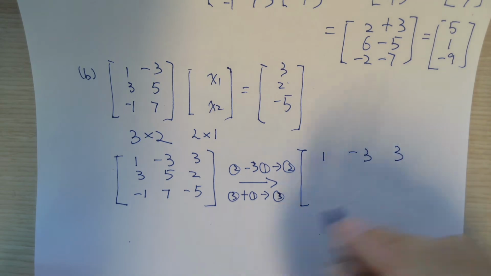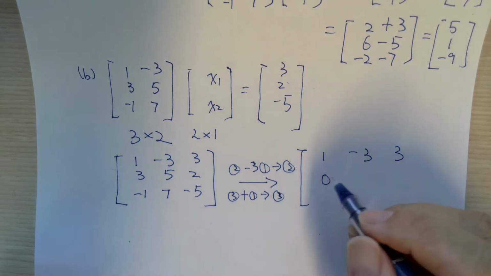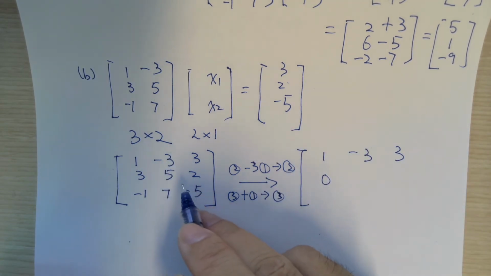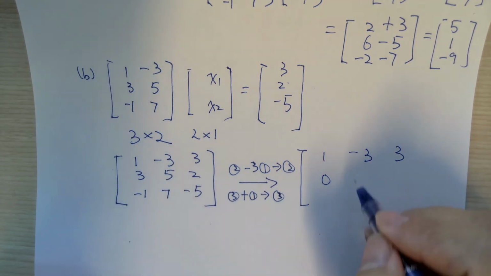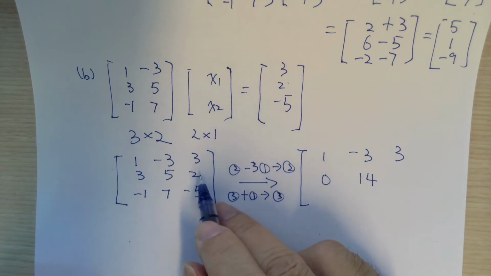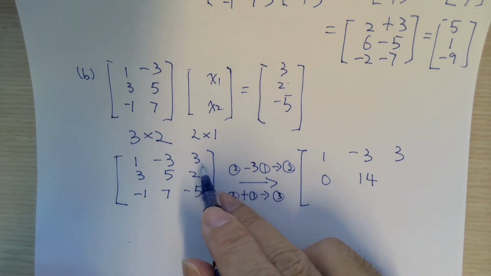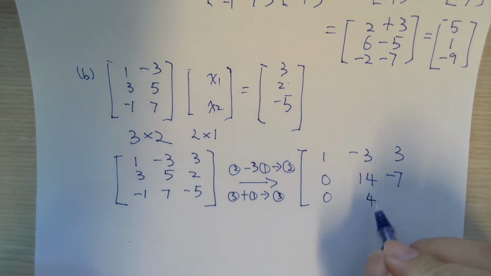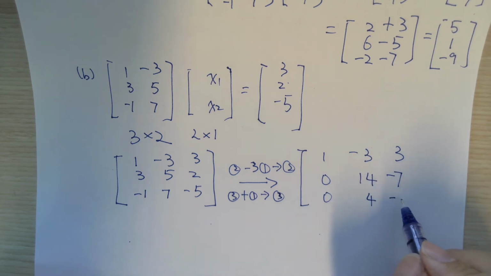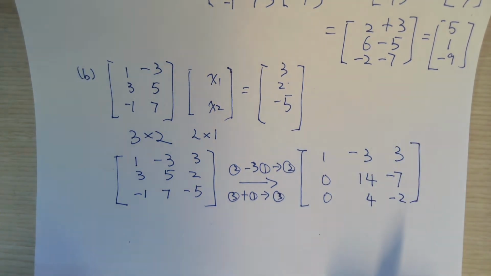We have 3, 3, and we have 0, right? So it's plus 9 is 14. So this is 2 minus 9 is negative 7. Okay, this is 0. This is 4. This is negative 2. Okay.